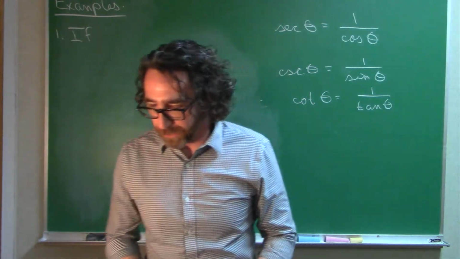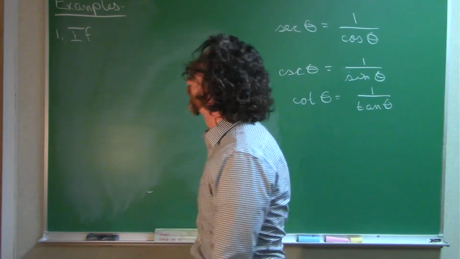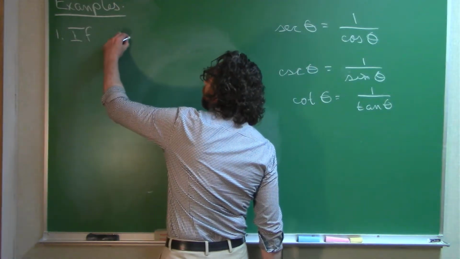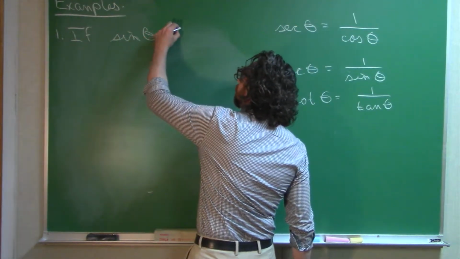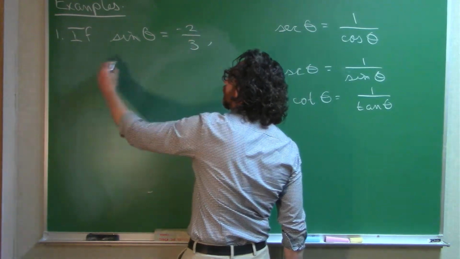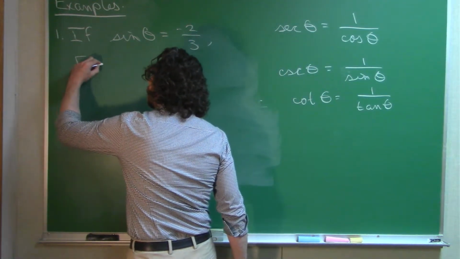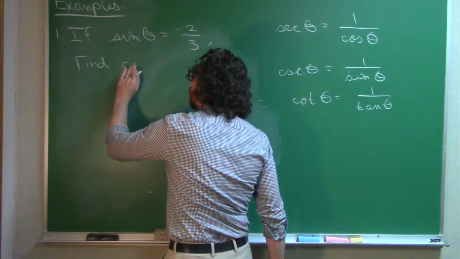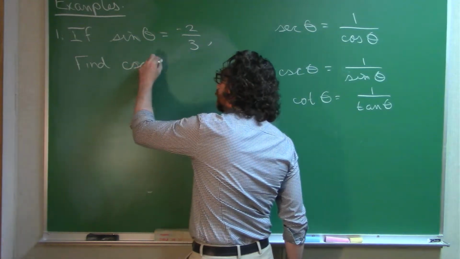In this first example, if sine theta equals negative 2/3, find cosecant theta.